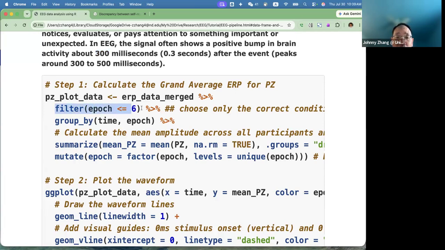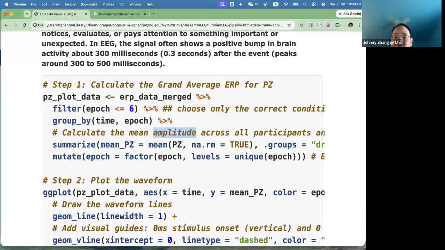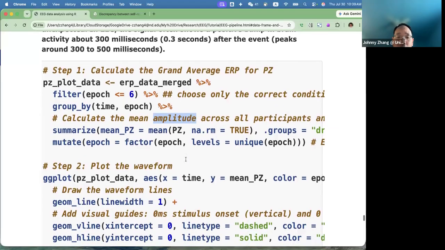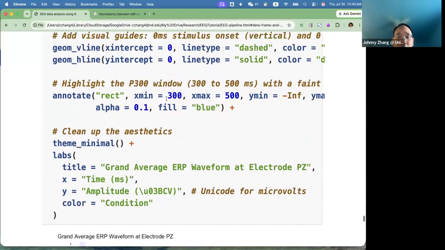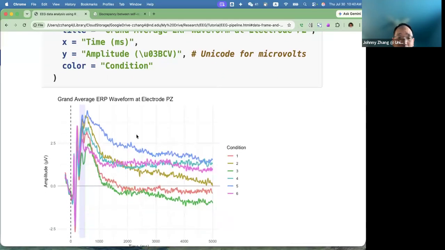So therefore, I filtered out the first six epochs using this filter function. And then I group by time and epoch. And then I calculate the mean amplitude of all participants simply for visualization, because I want to see if I can observe those P300 or not. And then I visualize that using the code here. I'm not going to go through the code here because of the time.